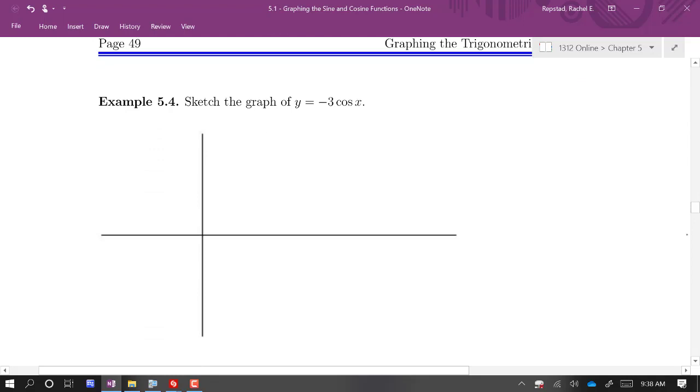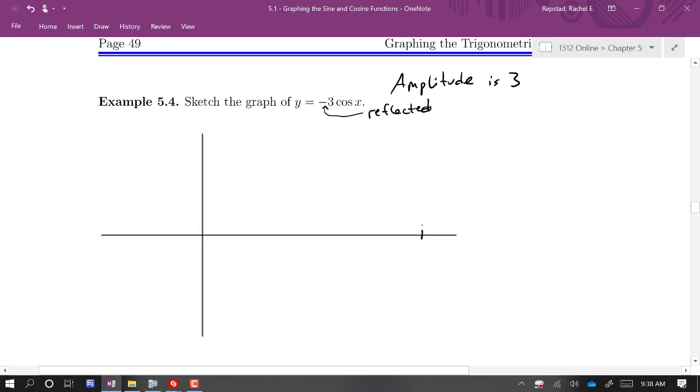So let's sketch a graph of -3 cosine x. We'll note that the amplitude is 3, and then it will also be reflected. So what I'm going to do is sketch a cosine curve with an amplitude of 3.